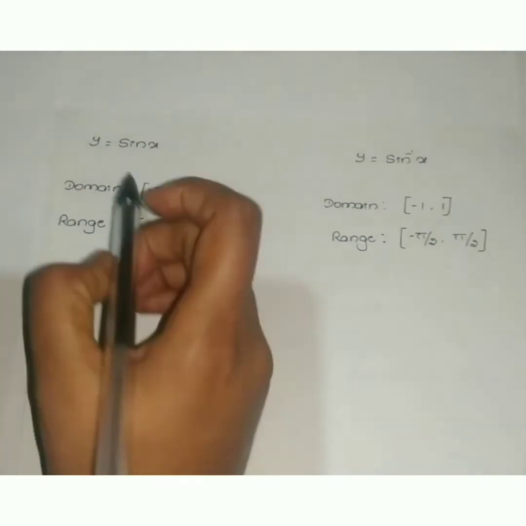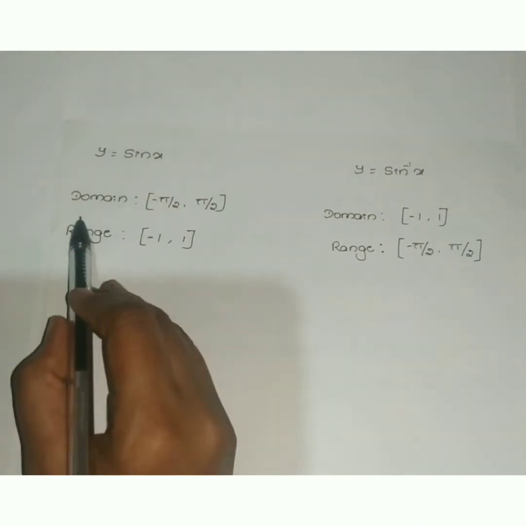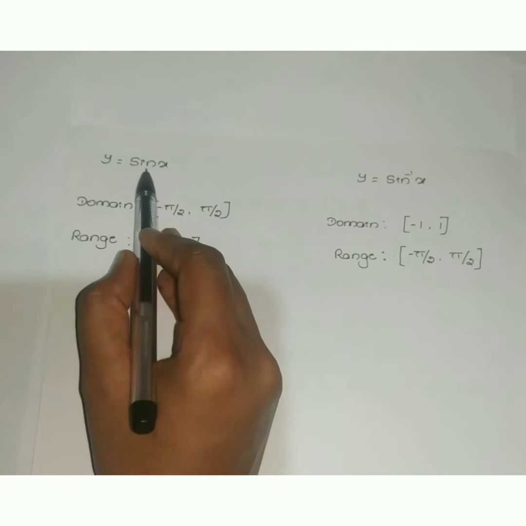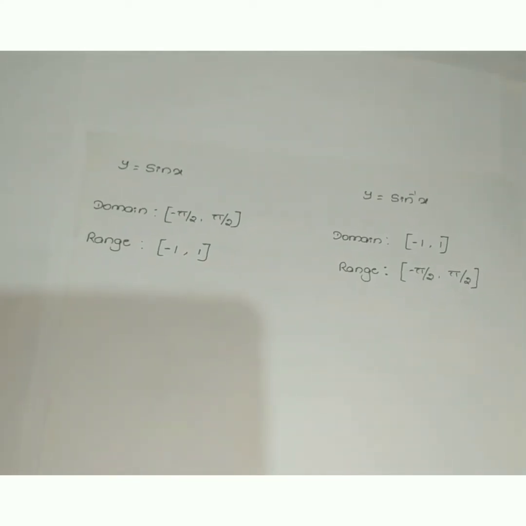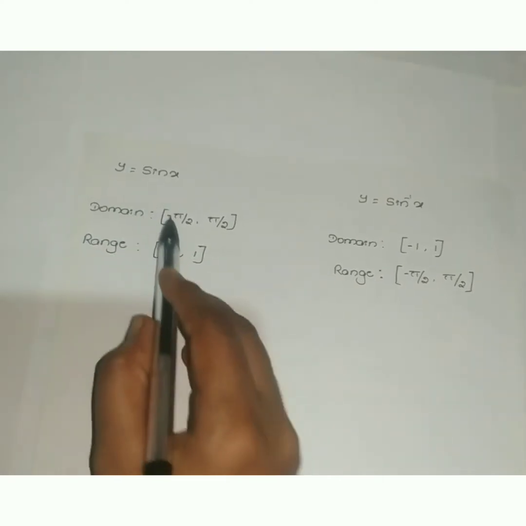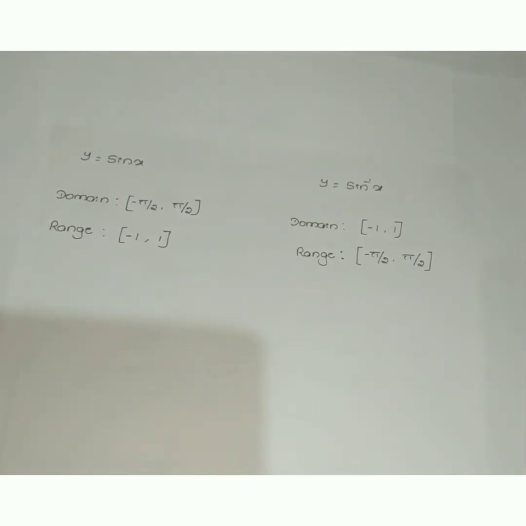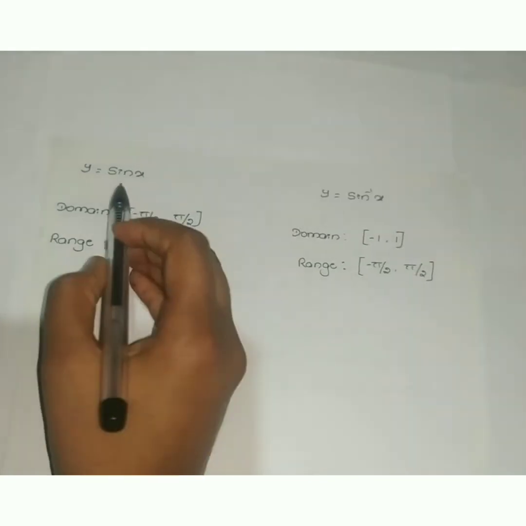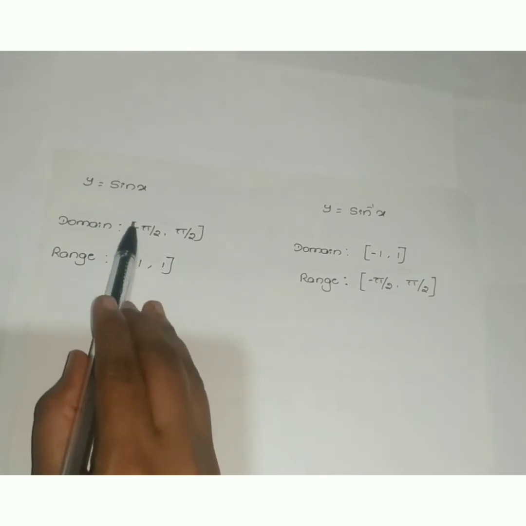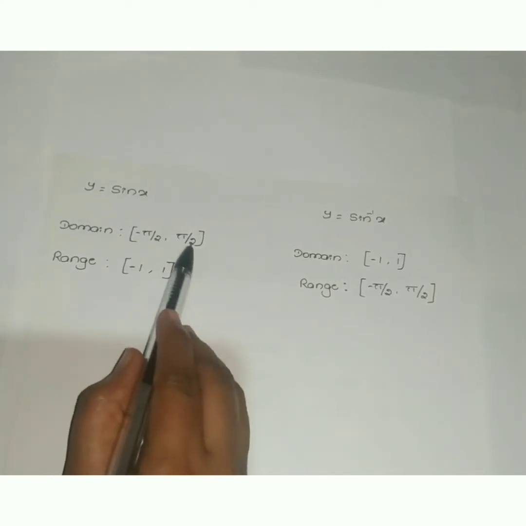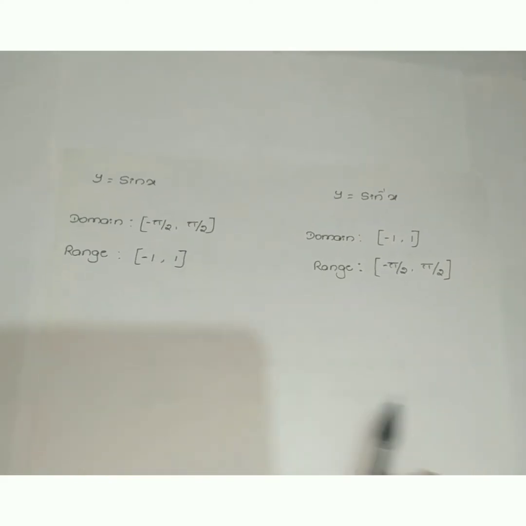So observe this, y is equal to sin x and y is equal to sin inverse x. Domain of the sine function is a closed interval minus pi by 2 to pi by 2. So sine function is bijective, domain value of the sine function is a closed interval minus pi by 2 to pi by 2 and the range of the sine function is closed interval minus 1 to 1.